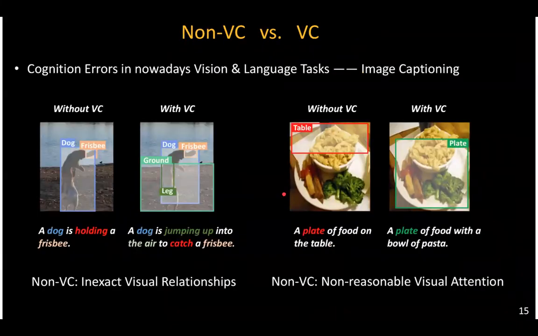So in computer vision, in a specific computer vision task, what is the difference between non-visual common sense and visual common sense? Let's say the image captioning task.